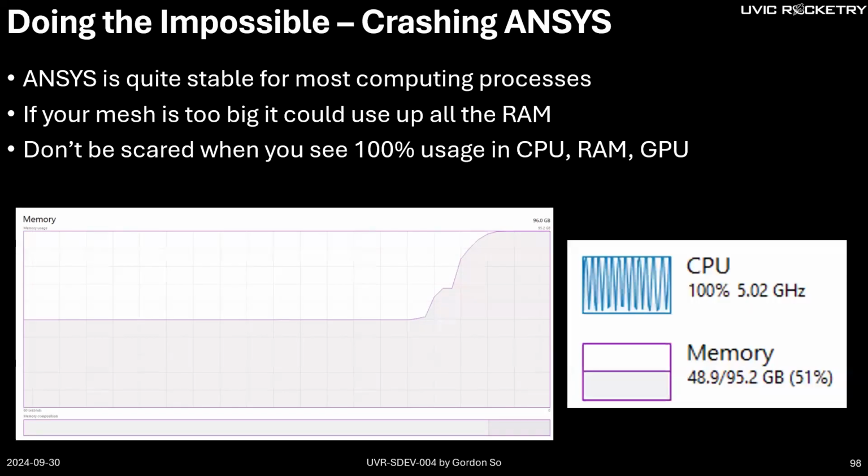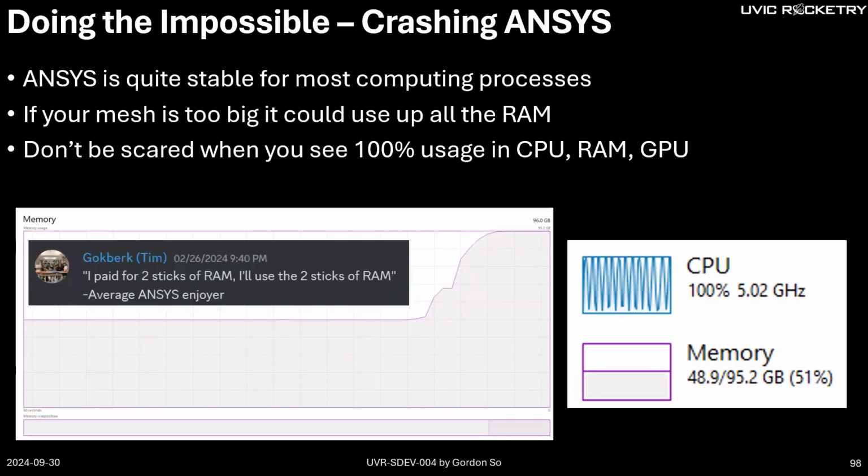This is what you will usually see, 100% utilization, which is fine, which is good to be honest because it's doing things. And there's a good quote from Tim: I pay for the RAM, so of course I will use all the RAM and CPU, which is fine, that's what you spend money on.